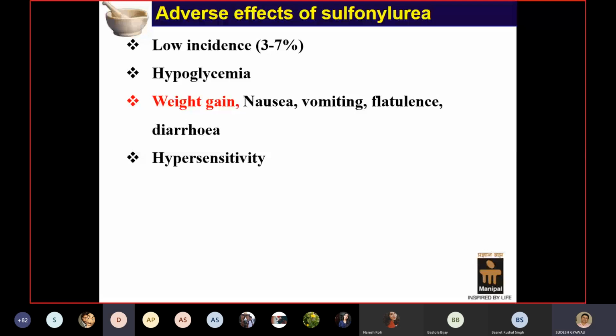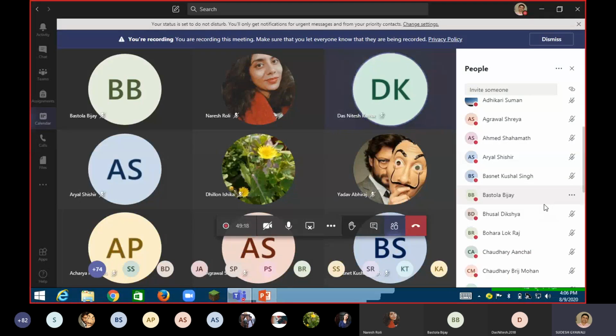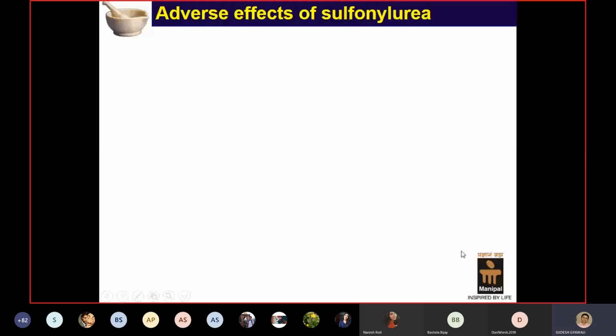Type 2 diabetes mellitus. Nitish Kumar, in which case do we use sulfonylurea? Yes, very good, type 2 diabetes mellitus. You cannot use it in type 1 diabetes mellitus, because you require 30% functional beta cells.